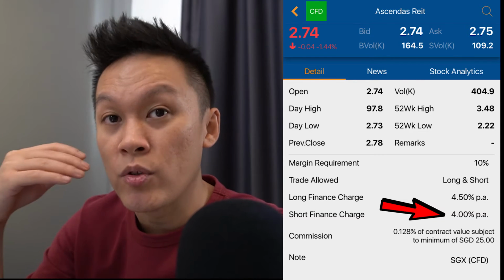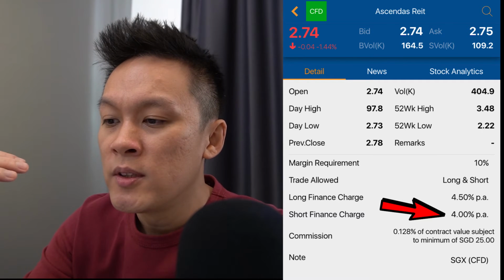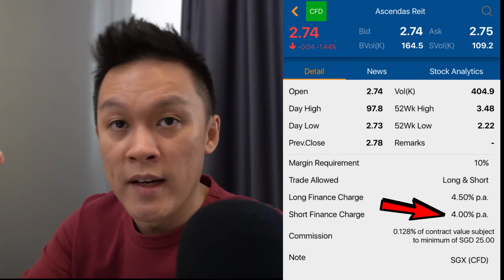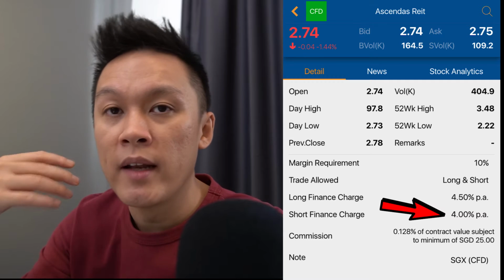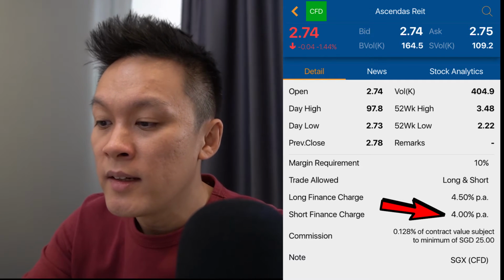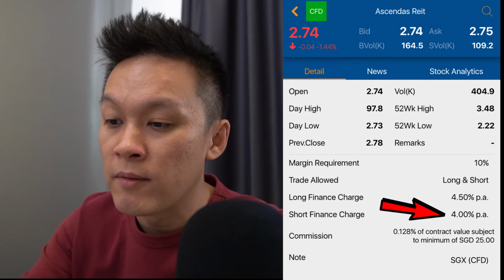It's available for short selling, but the longer you hold it, the more expensive it becomes in financing fees. This financing fee is calculated per annum, but it's actually deducted from your account monthly. Every 30 days there's a rollover, and then they deduct this finance fee.